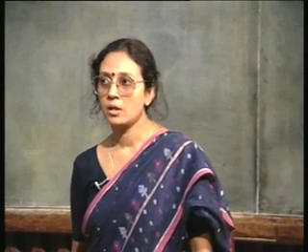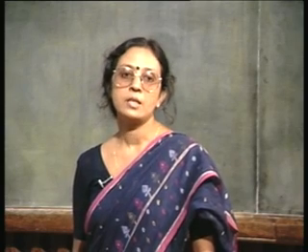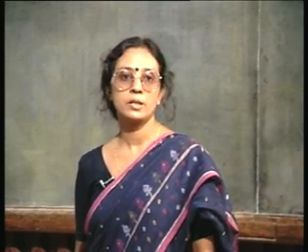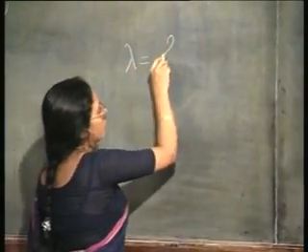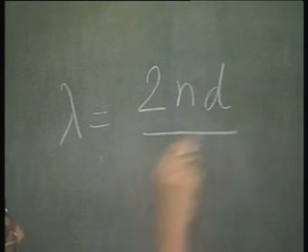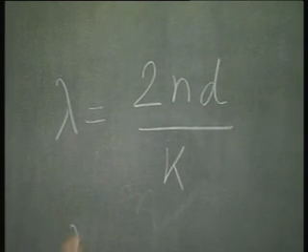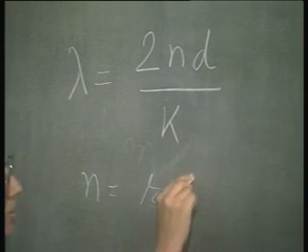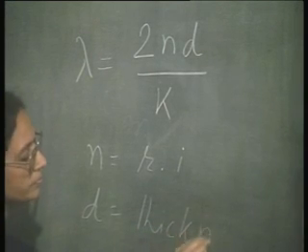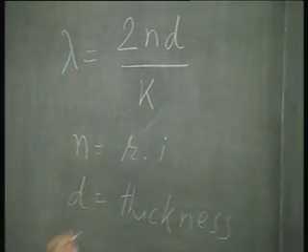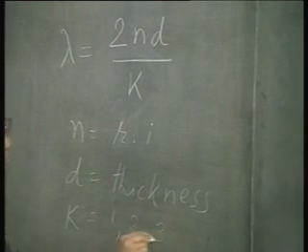So, when I have such a combination, a transparent film on an opaque surface, then if it is subjected to a monochromatic perpendicular light, there will be an intensity enhancement at lambda equal to 2 N d by K, where N is the refractive index of the film, d is the thickness of the film, and K is an integer 1, 2, 3, etc.